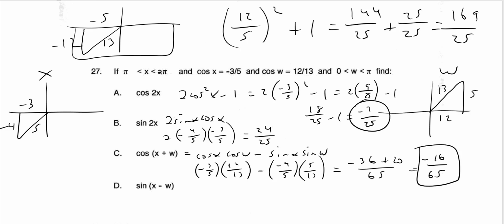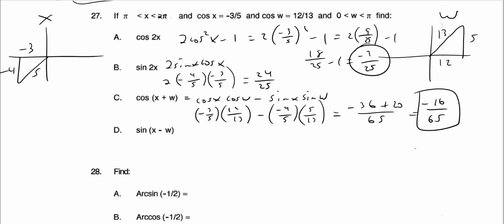Okay? And then this is sine of x minus w, so that's equal to sine of x cosine of w, and then it's same sign minus cosine of x sine of w. So sine of x is negative 4/5. Cosine of w is 12/13.